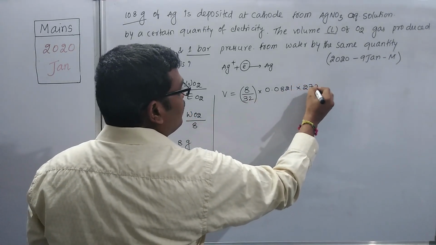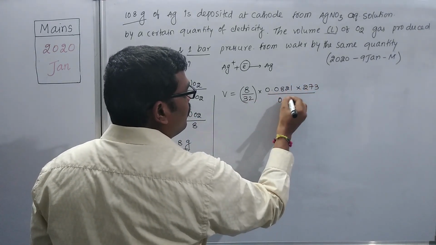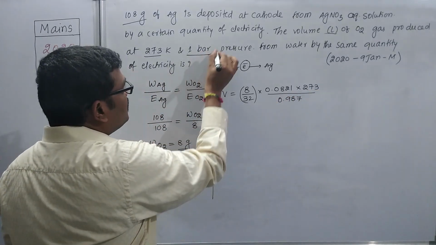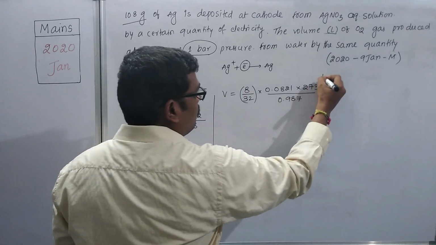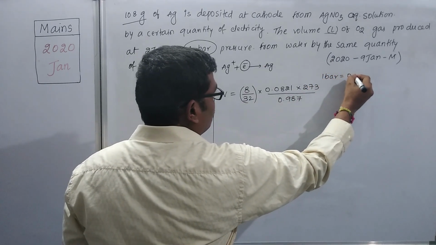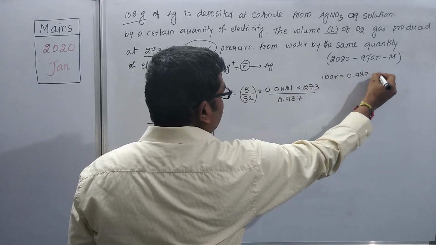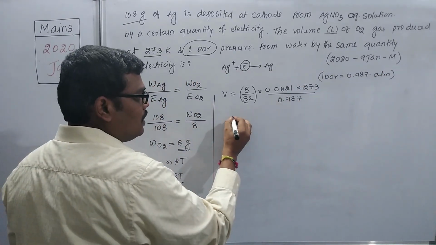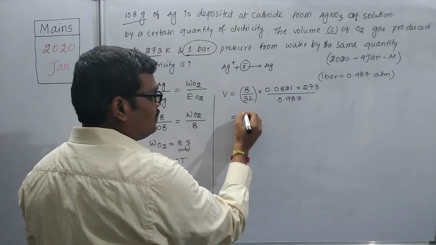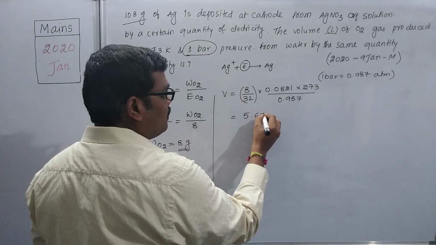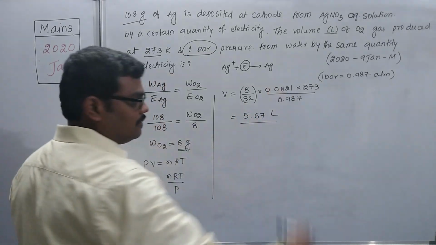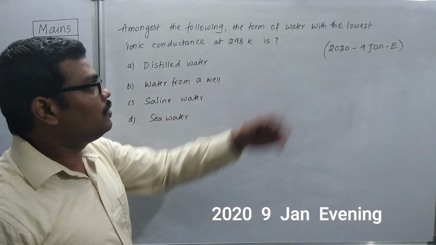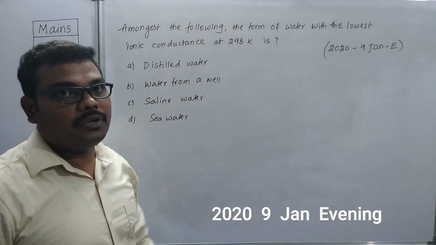Temperature 273 by 0.987. Remember this important point: the pressure given is 1 bar, and 1 bar is equal to 0.987 atmospheres. So I substitute that value here. This is equal to 5.67 liters.